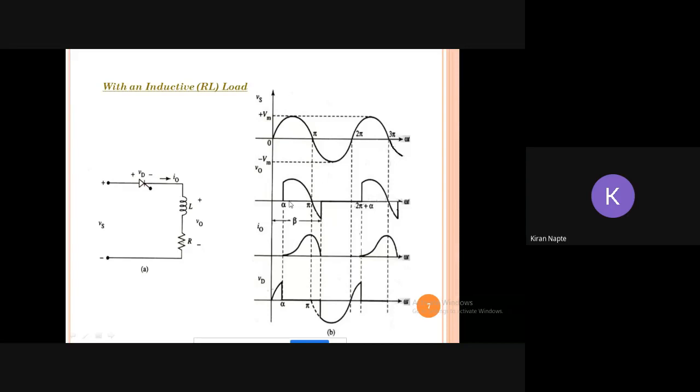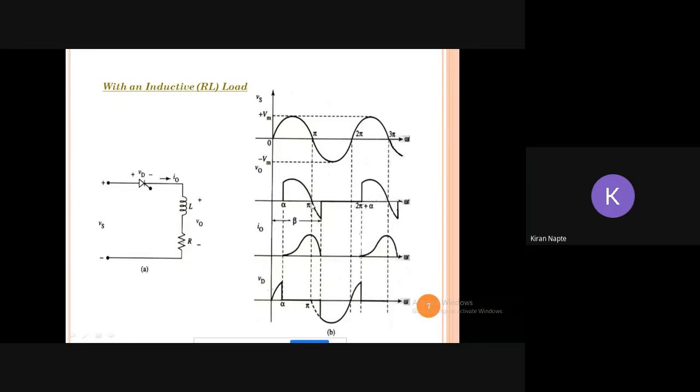Therefore the nature of the output voltage for this inductive load is like this. Once your SCR is triggered at alpha, the firing angle, it will turn off at pi only.